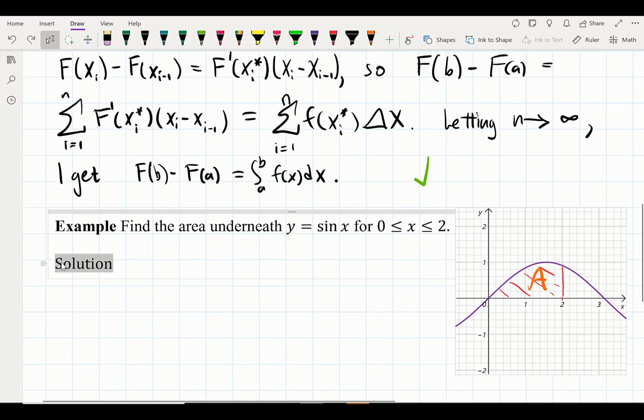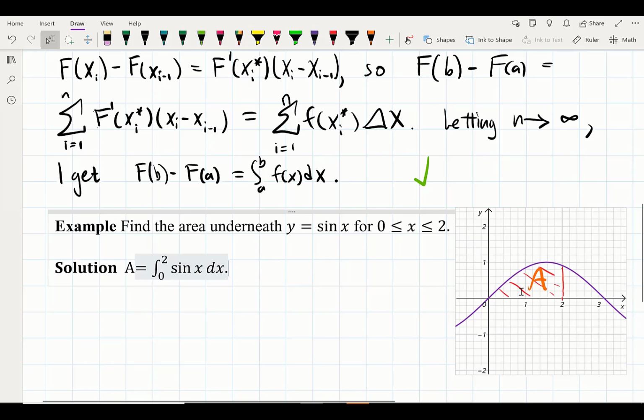So A, the region that we're trying to find the area of, is equal to the integral from 0 to 2 of sine x dx, okay? That we already know. The problem is, how do we compute that?